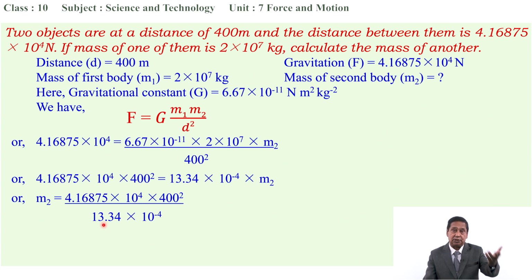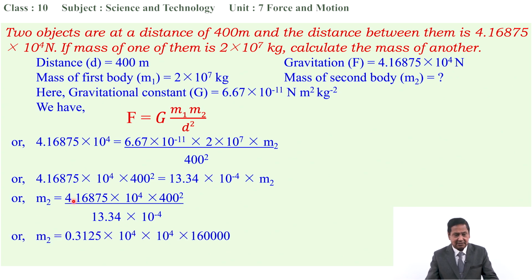Number interacts with number and power of 10 interacts with power of 10. That's why if we divide this number by this, we'll get this value. You can use a calculator. And this 10 to the power 4 and this 10 to the power minus 4 go up in the numerator, and we have now 10 to the power 4.